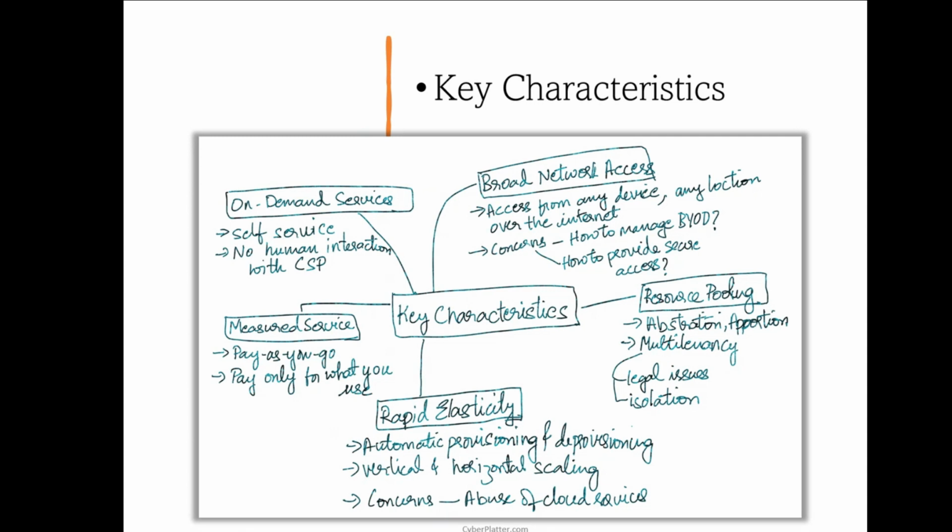So if it is underutilized, then you're wasting the resources. It is like a wasteful investment. If you are overutilizing it, then you are decreasing the level of service. So resource pooling stacks up the resources and then apportions these resources as needed. Whoever wants it, it gives it to them.